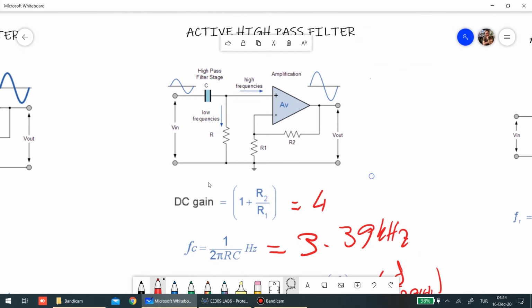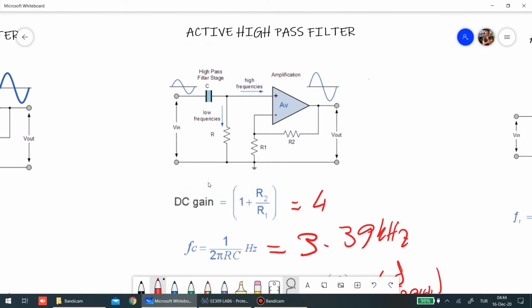Now, the high frequency signals can easily pass through this capacitor, and low frequency signals cannot pass through this capacitor, and this will simply amplify the high frequency signals.